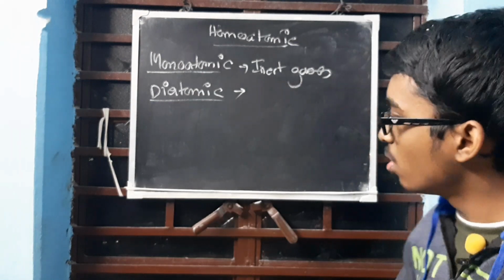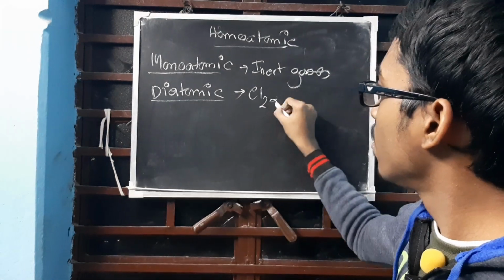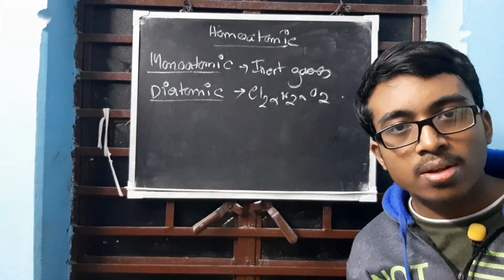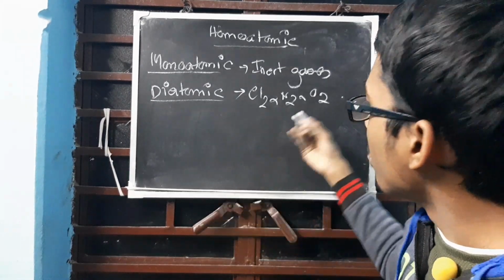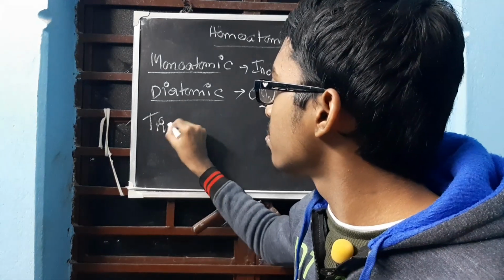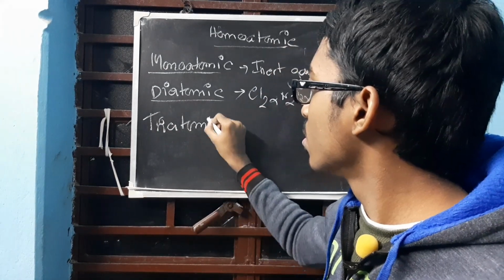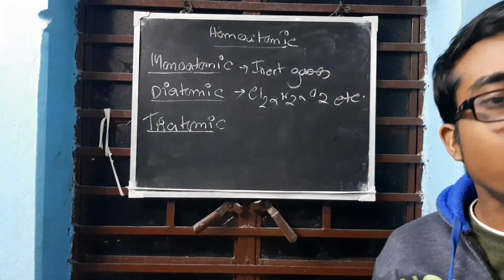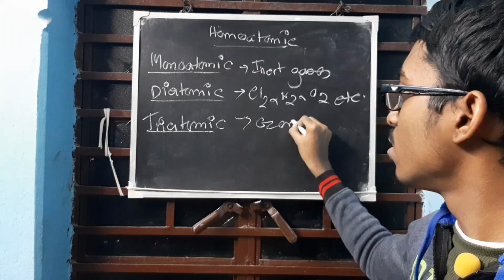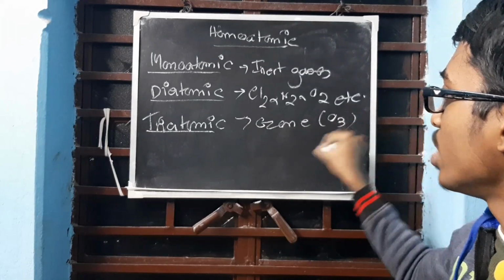You all know chlorine is there, nitrogen is there, oxygen is there. I'm not writing all. Next comes triatomic. Triatomic means three atoms in one molecule. We have ozone, O3.